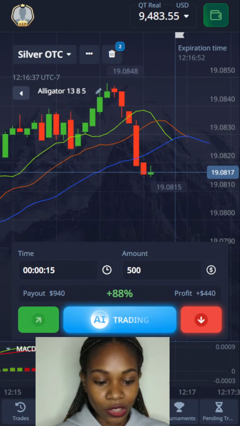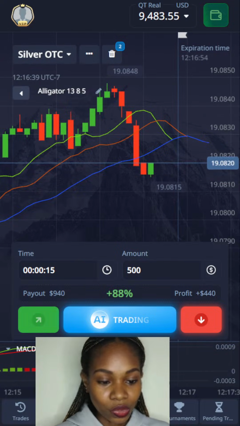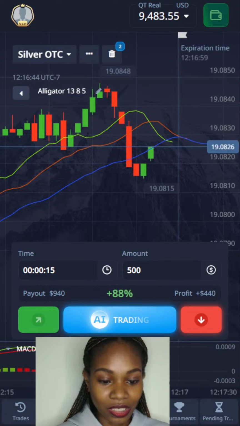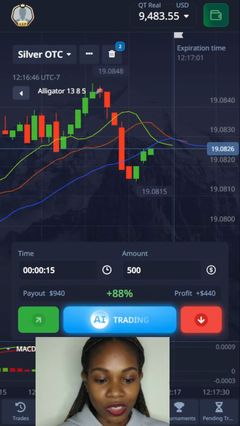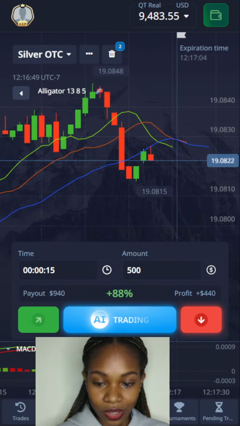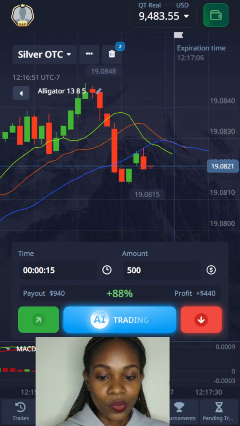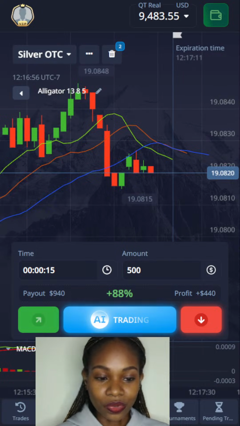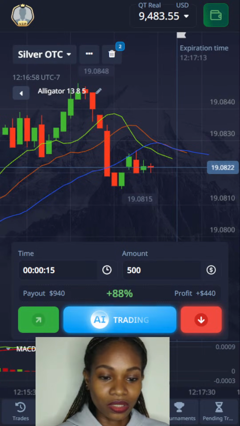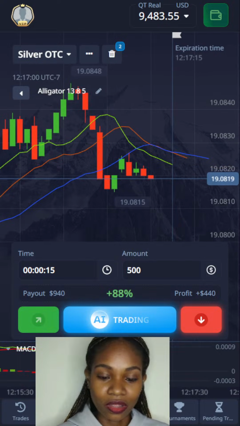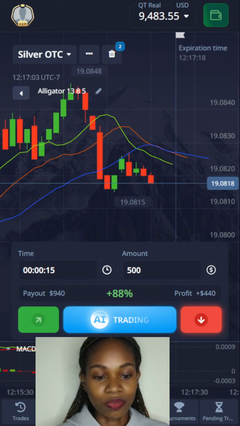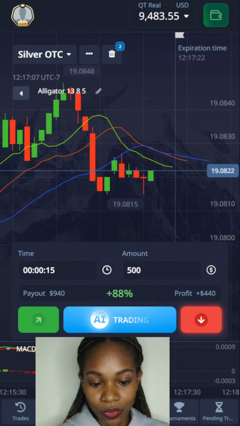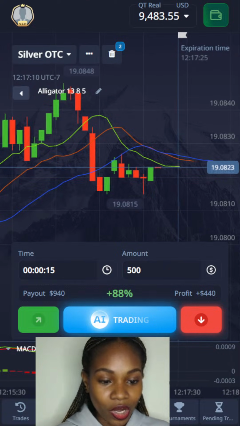When I talk about risk management, we need to have a certain percentage that we are dealing with. When you have 100 US dollars, do not think of putting in 50-50. Put in a small percentage. You could put in first 5, maybe 10, until you feel like you are good to go.